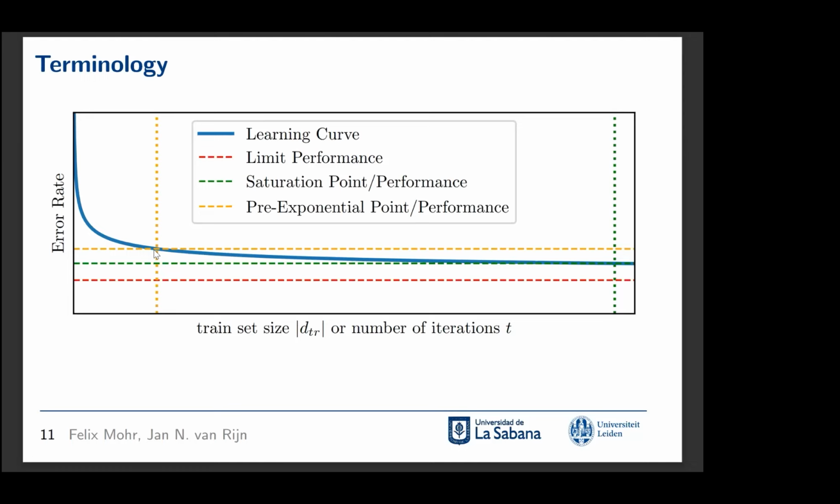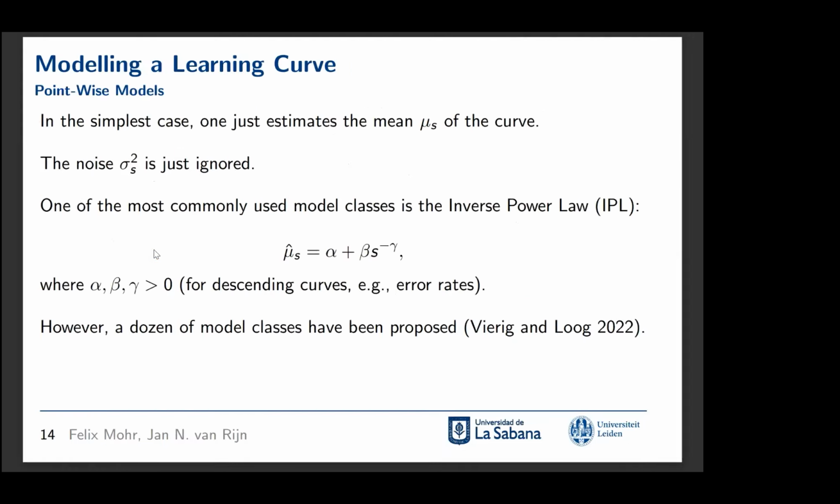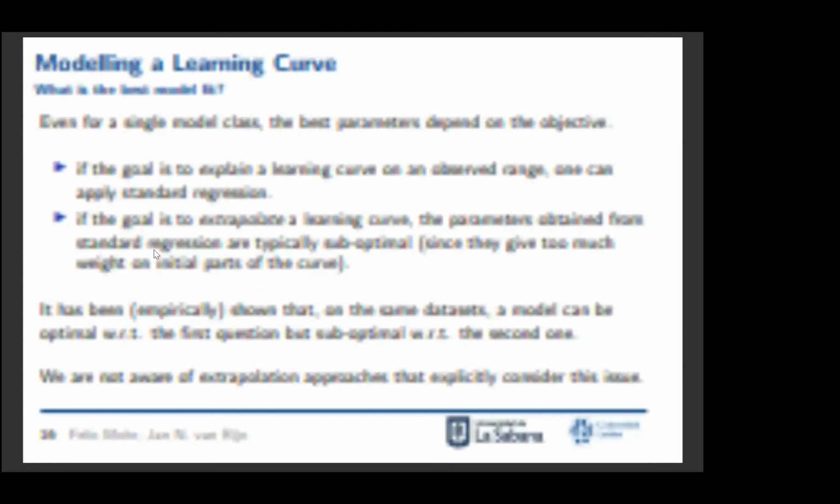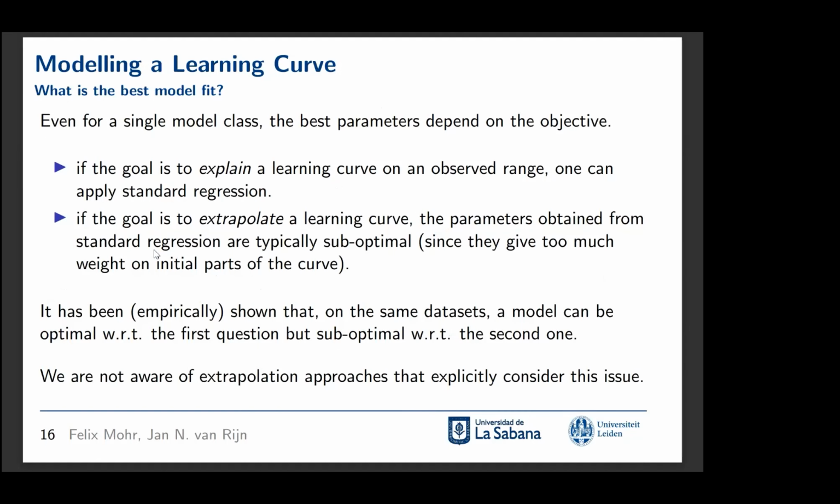But for learning curves, specifically in the context of model selection, we are often interested in how these curves evolve after our evaluations. So there seems to be an inherent problem, which was already pointed out 20 years ago by Gu et al. If our goal is only to explain how the learning curve looks in the range of observations we have made so far, a regression would be the best thing to do.